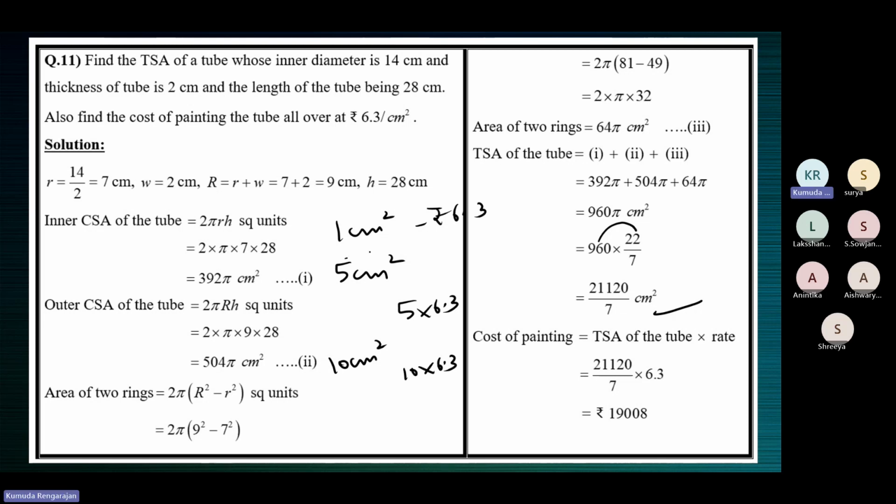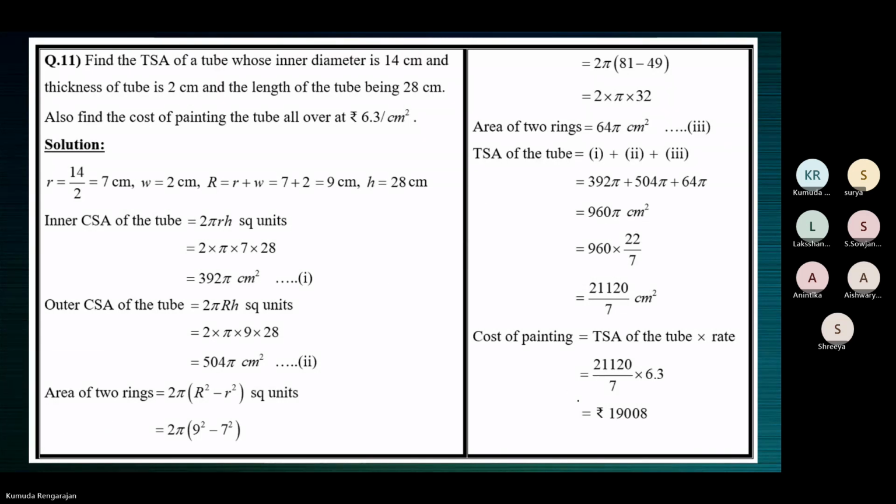So to paint so many centimeters square, it will be 21,120/7 into 6.3. 7 ones are 7, 7 nines are 63, so it will be 0.9. And the product gives you this value, rupees 19,008.